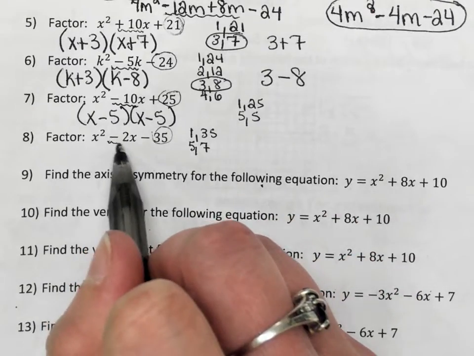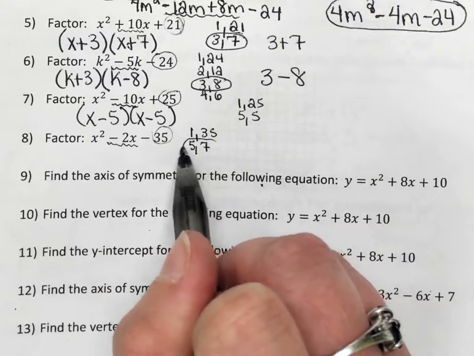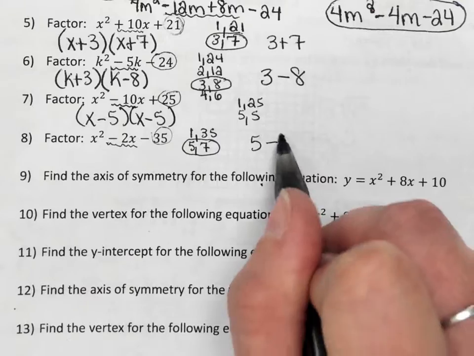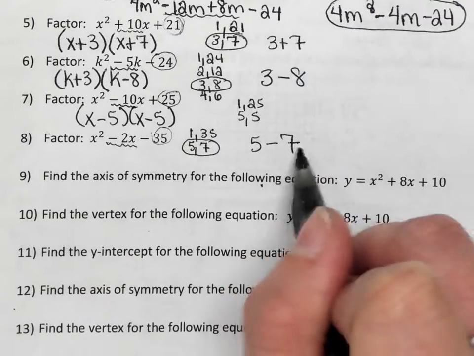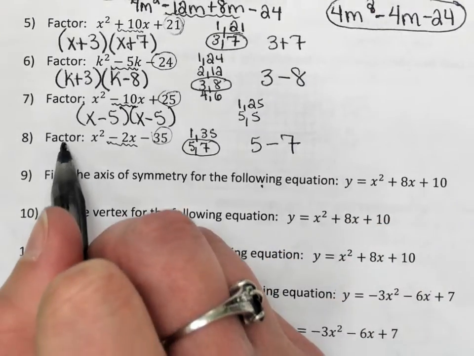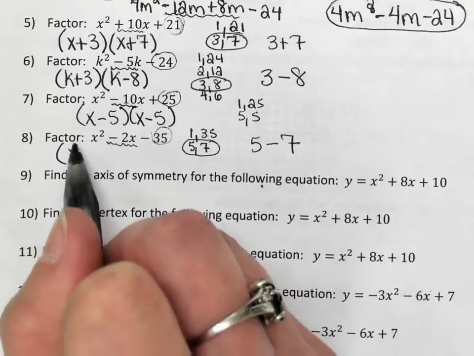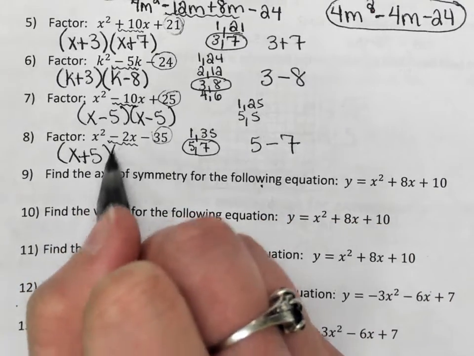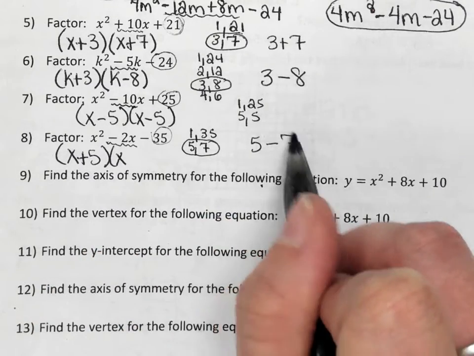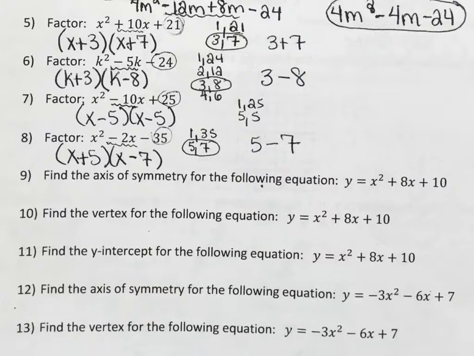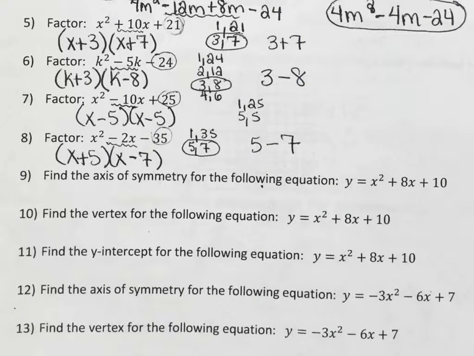Which one gives you negative 2? 5 minus 7. Very good. You got to do the right order because 7 minus 5 would be positive 2. So what kind of 5 is that? Positive. What kind of 7 is that? Negative. There you go. Y'all okay?